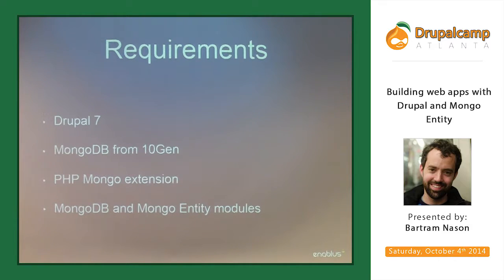The idea for this MongoDB module came from a web app we did where we had over 200 fields on a node, and some of them were field collections, and then some entity references, because the client had all this data that they wanted to relate.